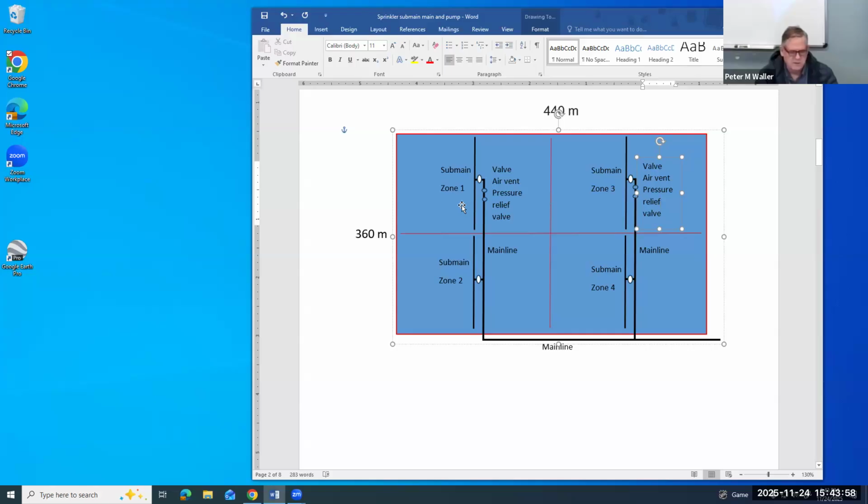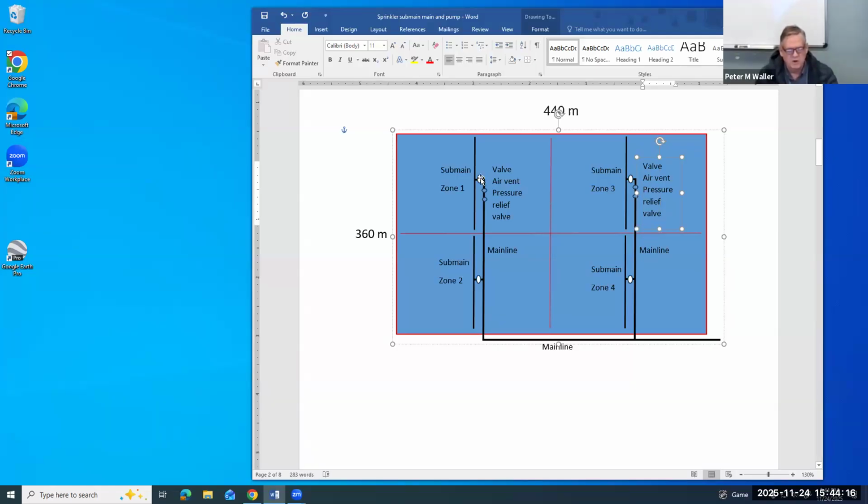So we'd say we had a typical day with 8 hours of irrigation. Actually, what we'd probably do is water this zone for 8 hours one day, then this zone for 8 hours, then this zone for 8 hours, this zone for 8 hours. And so we'd come back every 4 days to each zone.